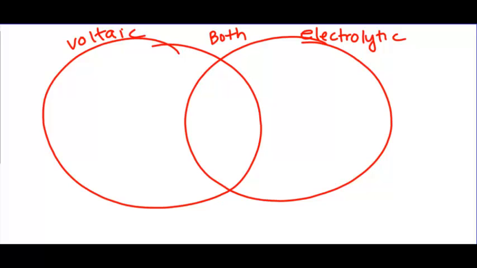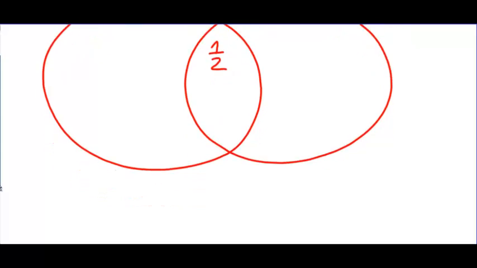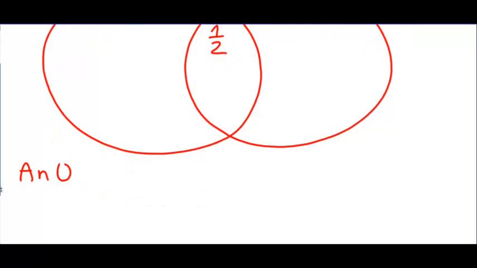So number one is anode is the site of oxidation. Cathode is the site of reduction. An ox, red cat, is always true. So those go for both of them. Number one and number two go for both of them. In a voltaic cell and in an electrolytic cell, an ox, red cat is always true.